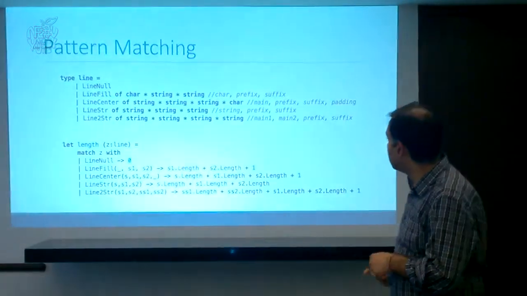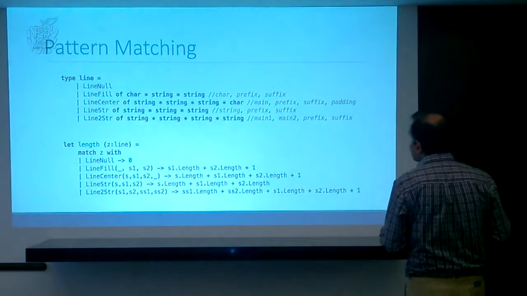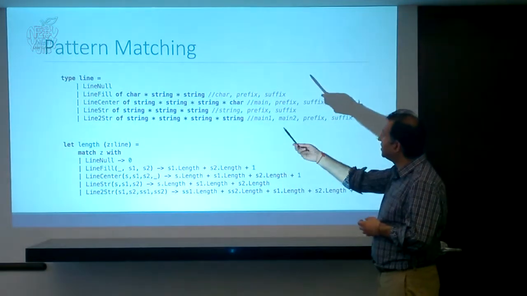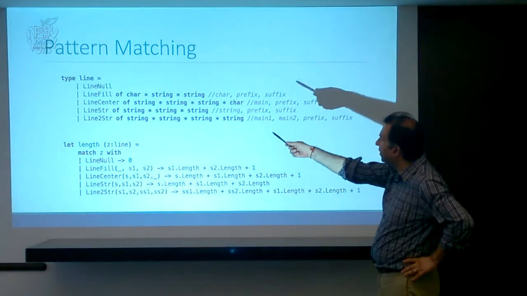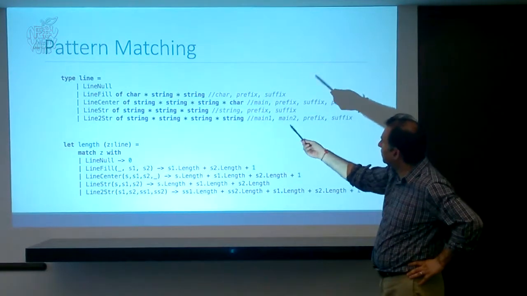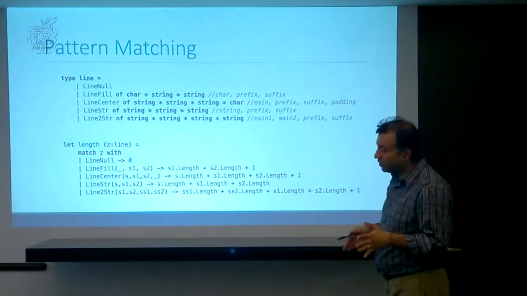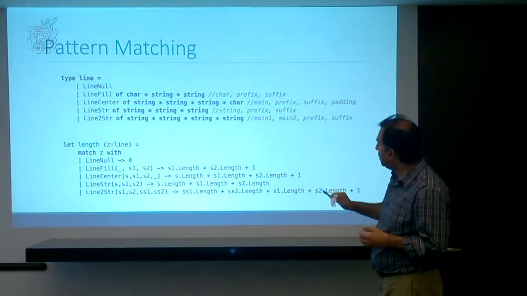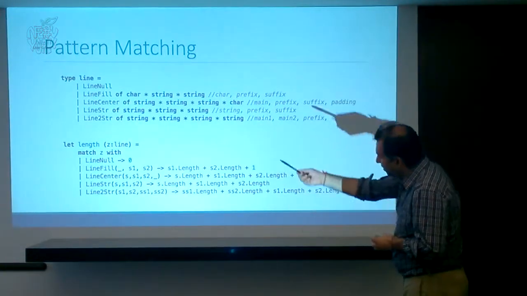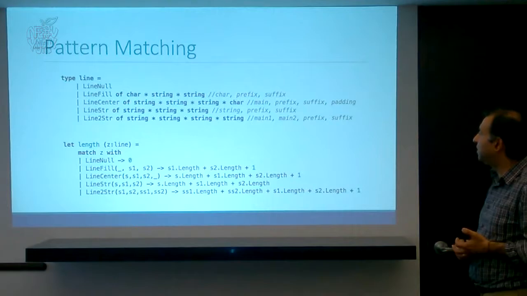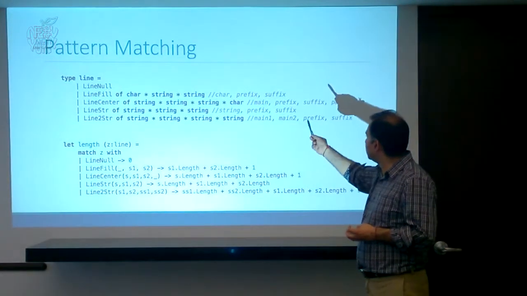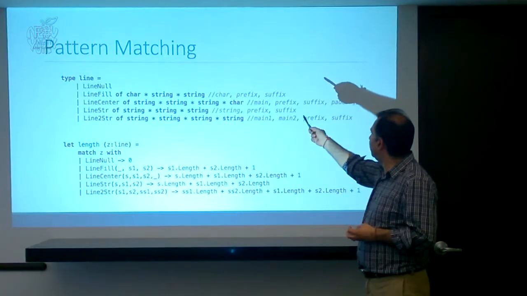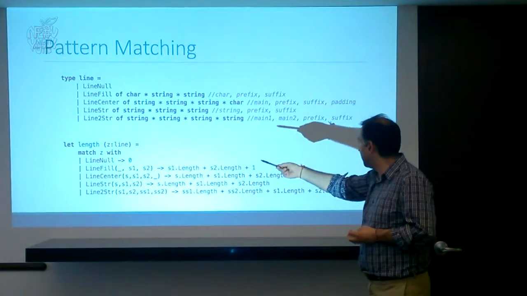All right. So we have defined a type line, and I can have line. This is the FSharp 3 code just for compatibility. I have the old code here. Line center, and it has different fields. I can do some kind of pattern matching. So I have this length variable declared and it says, well, if you have a fill, then I just care about the line fill prefix and suffix plus 1, and so on.